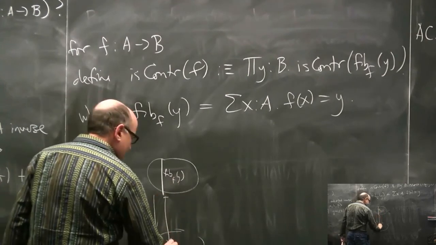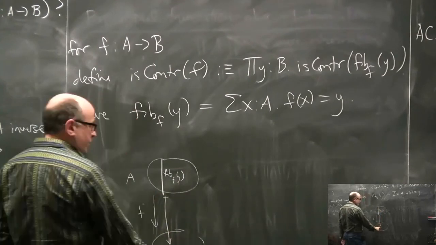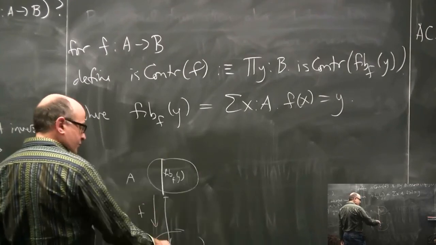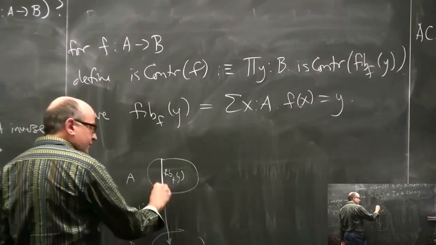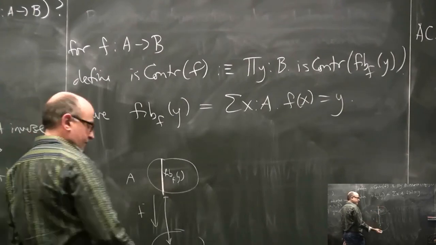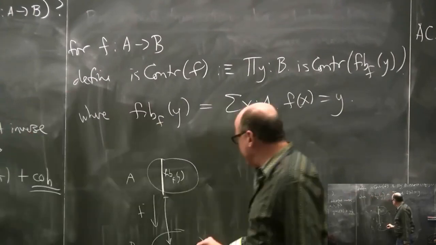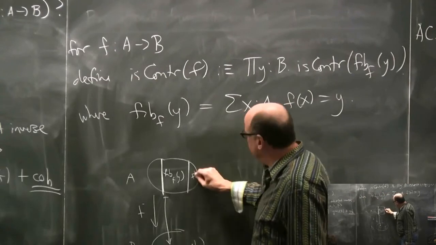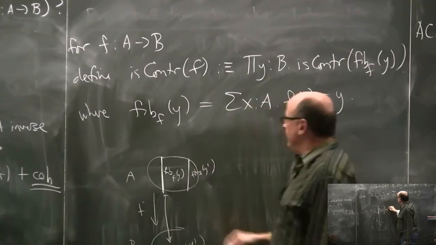Pick your y, look at the things that are sent by f to y. And if you gave me another y prime over here, there's of course the fiber of f over y prime.